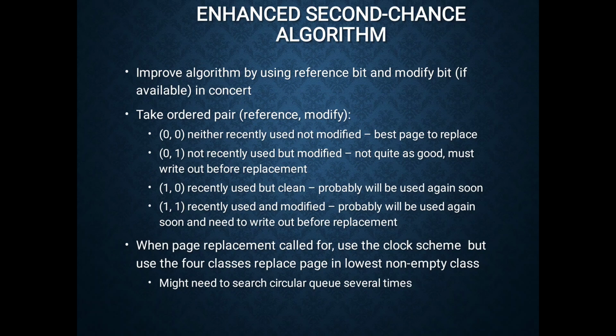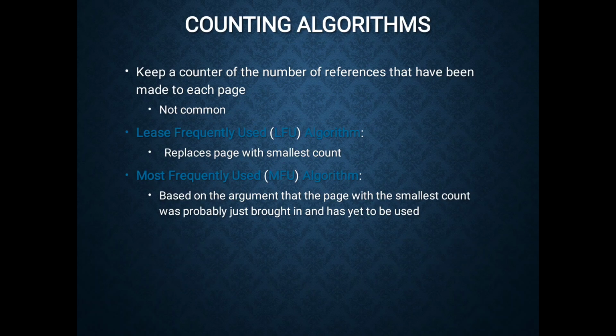So based on these values, it can be used. Then counting algorithms keep a counter of the number of references that have been made to each page. It is not common. The least frequently used and most frequently used algorithms are available here.